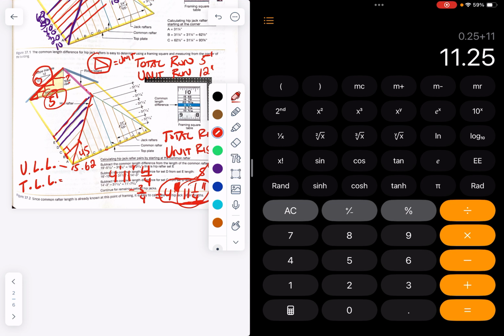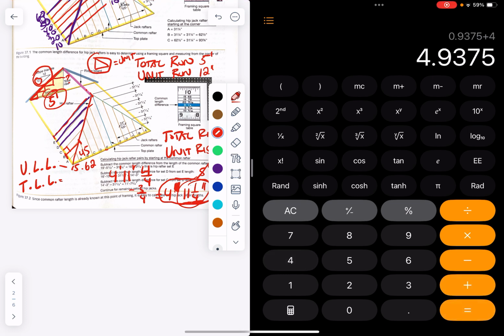We need to figure out what this decimal equivalent is of a foot. So to do that, there are 12 inches in a foot. So we're simply going to divide by 12, which gives us 0.9375. So 11 and 1/4 is the same as 0.9375. And now we're going to add our 4 feet plus 4.